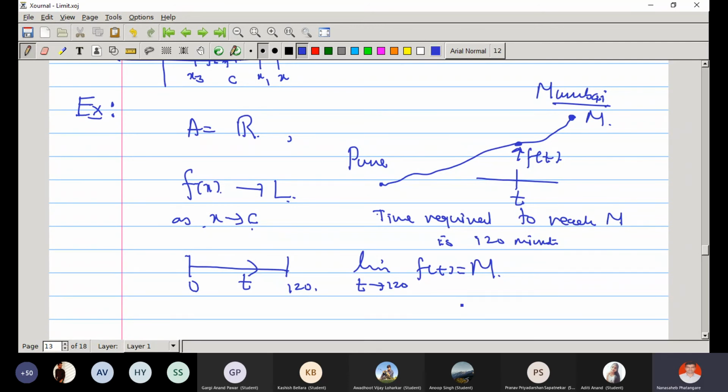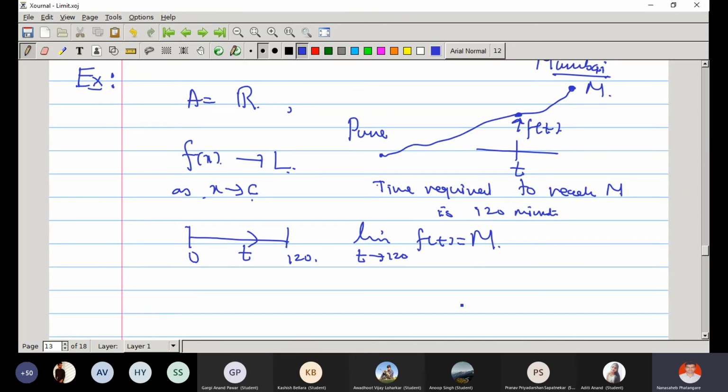And you know that in the ideal situation, at the 120th minute you should be at Mumbai. As t tends to 120, the position is exactly at the Mumbai central point. Okay, so how to prove this?